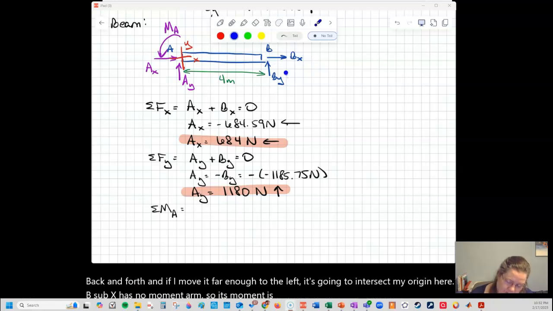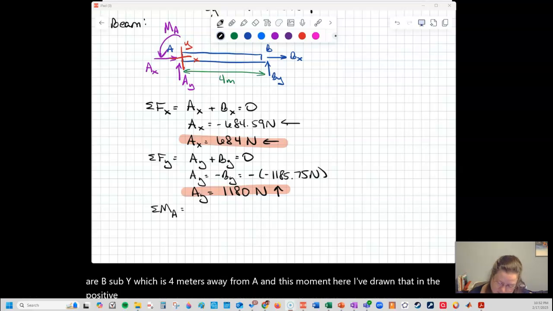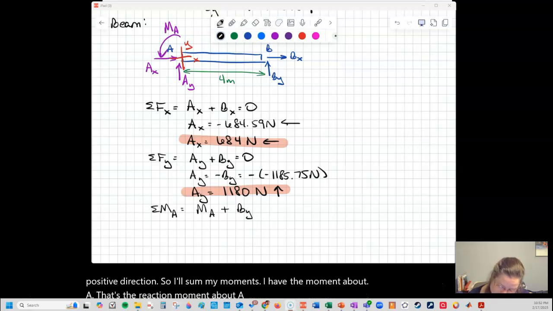So the only things that cause a moment are B sub y, which is 4 meters away from A, and this moment here. I've drawn that in the positive direction. So sum my moments. I have the moment about A, that's the reaction moment about A, plus B sub y times 4, whoops, not 9 meters, 4 meters.